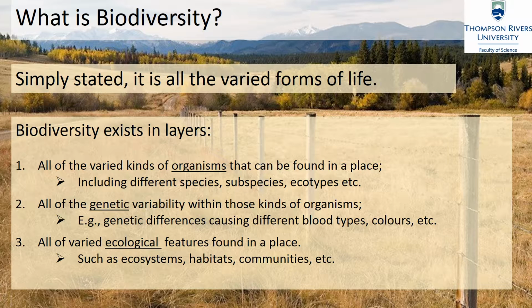As we saw with the caribou, you can have a species that divides into an ecotype or subspecies that is genetically different from one another. It's important to include the genetic differences that exist within species and within groups of species, because those provide the potential for adaptation and change.